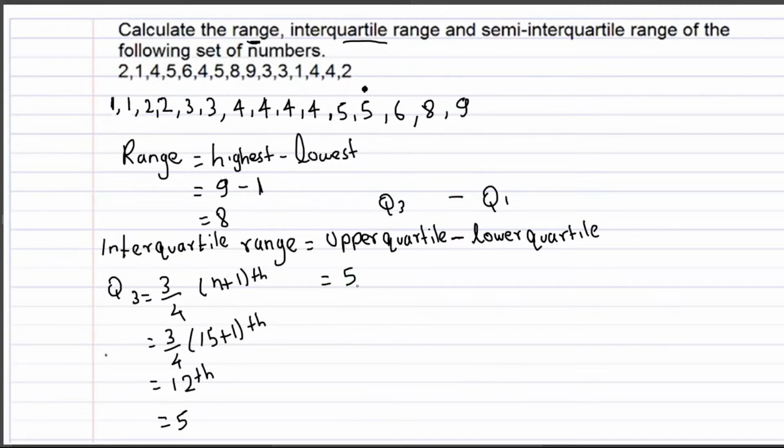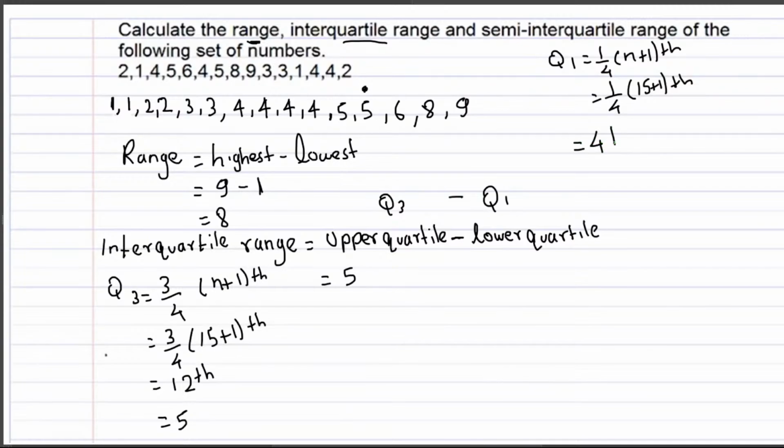For the lower quartile we have an equation where, instead of 3 over 4, we have 1 over 4. So Q1 is equal to 1 over 4 times (n plus 1). n is 15, plus 1 is 16, divided by 4 is 4.